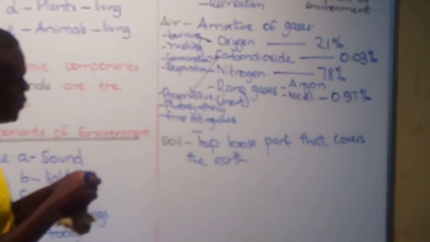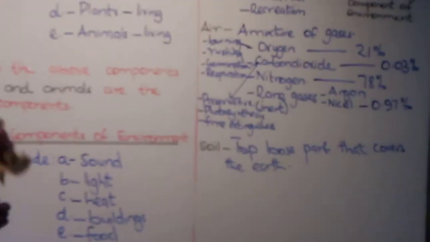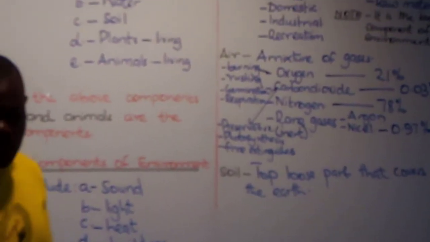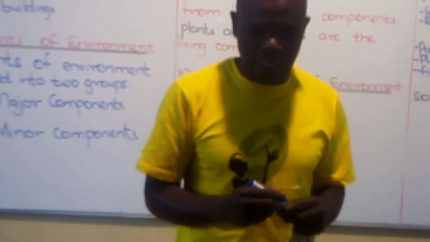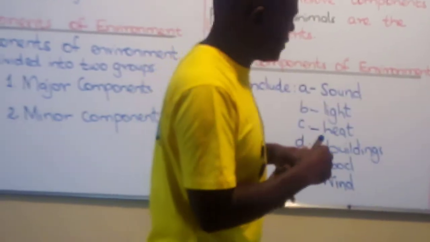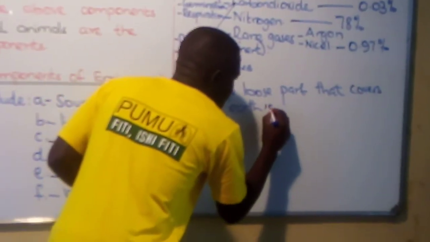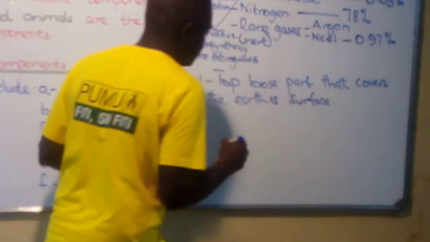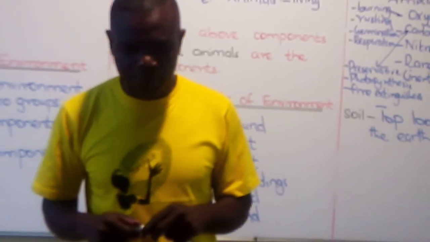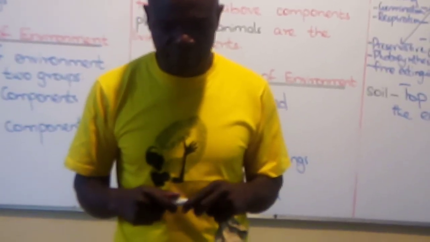So the top loose part that covers the earth is soil. Soil, it's the earth's surface. Let's write there the earth's surface. That's what is up on top of the earth's surface, the top loose part that covers the earth's surface.